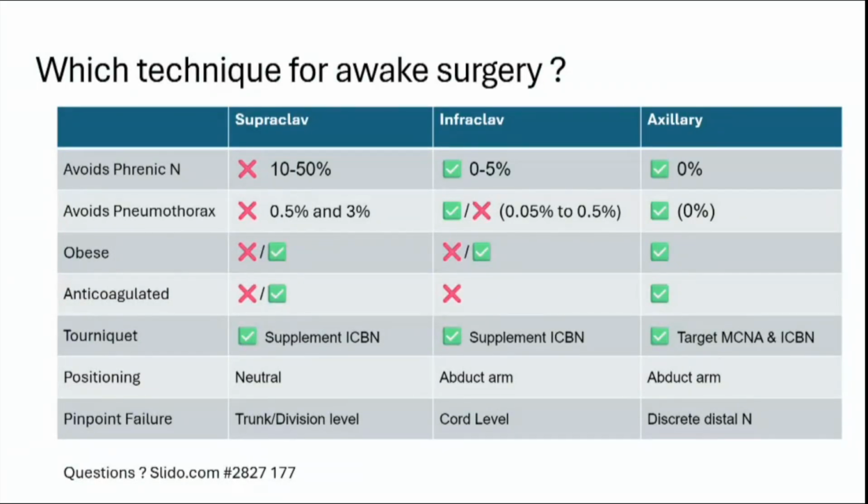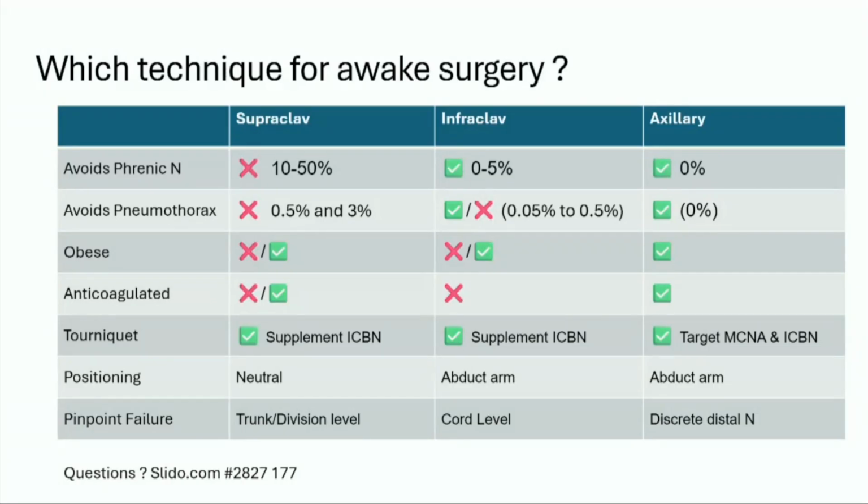There's a number of reasons, some of which are anatomical, and some of which are block related, and some of which are just the fact that it's a very reproducible way of doing things in most people. First of all, for the less fit patient, in terms of things like phrenic nerve block and pneumothorax risk, you'd have to be very unlucky or candid to block either of those things, or to give someone a pneumothorax doing an axillary brachial plexus block.